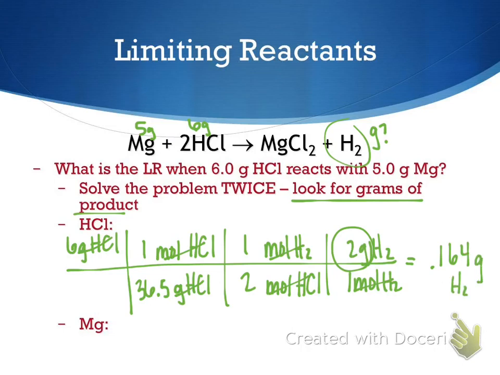Okay, good. So our next one, we'll start with grams of Mg, and we want to go to what? H2. Still grams of H2. So we've got to go all the way to the same product.